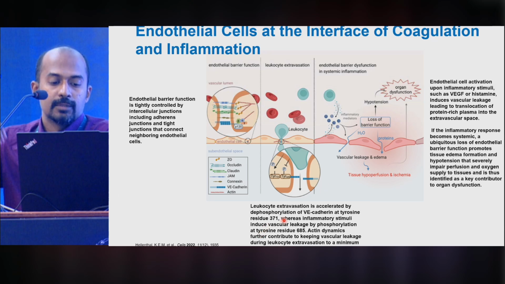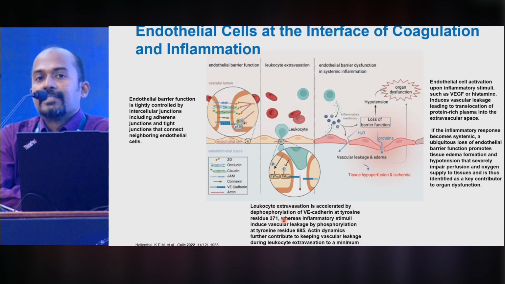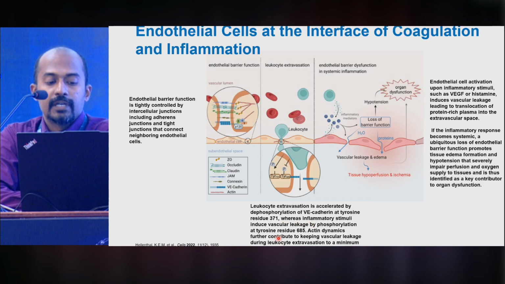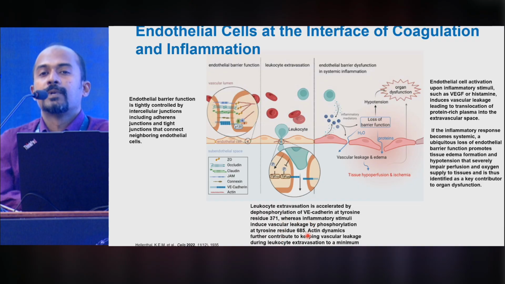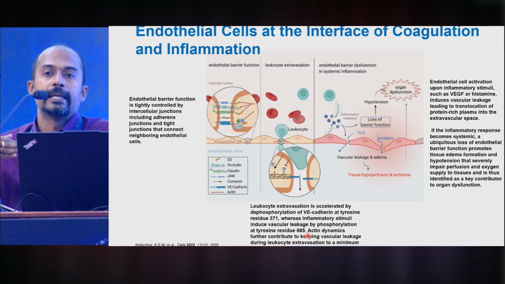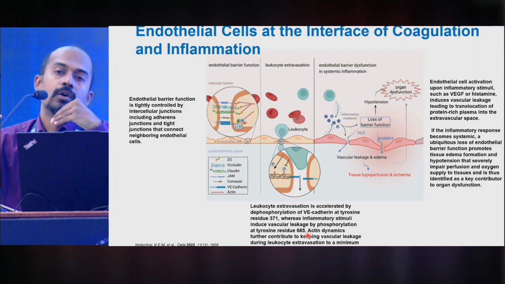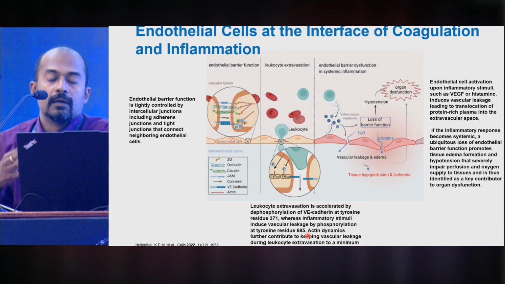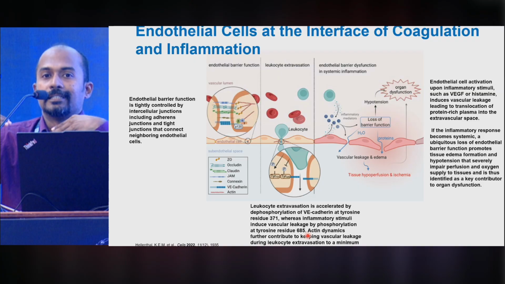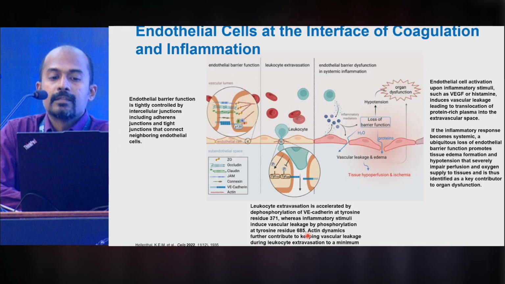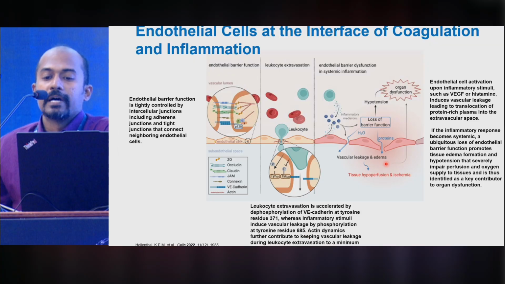Whereas when inflammatory stimuli are there, there will be vascular leakage, and that is mediated by phosphorylation at a different residue, tyrosine 685. When that different residue is phosphorylated, it leads to formation of more gaps between the endothelial cells, and also to cytoskeleton remodeling of the endothelial cells. Because of that, the endothelial cells become very fragile, and as you can see in the last one, it leads to vascular leakage.